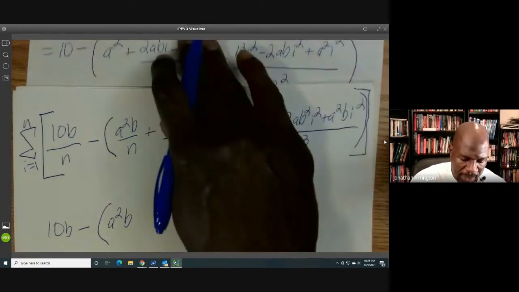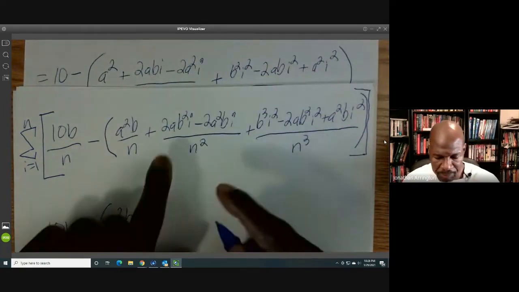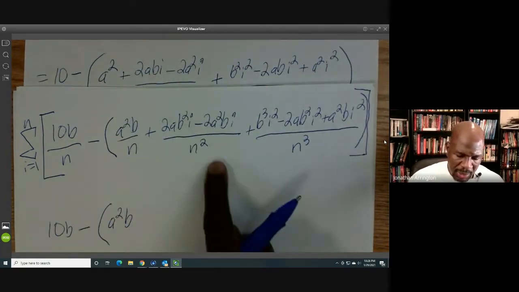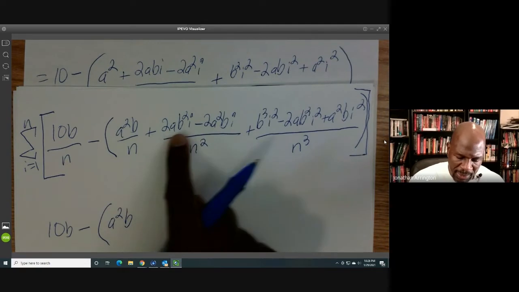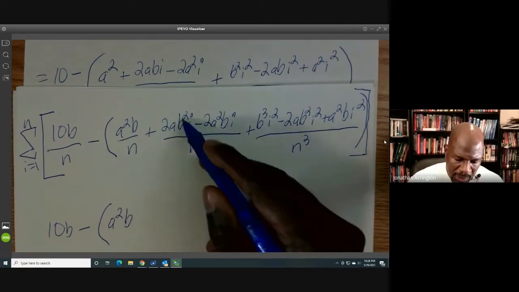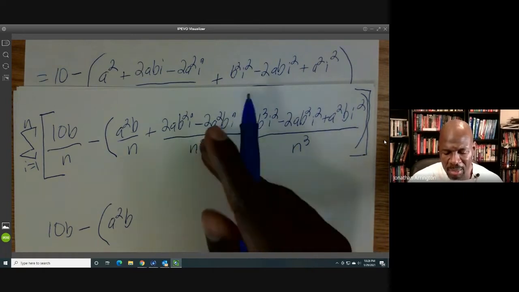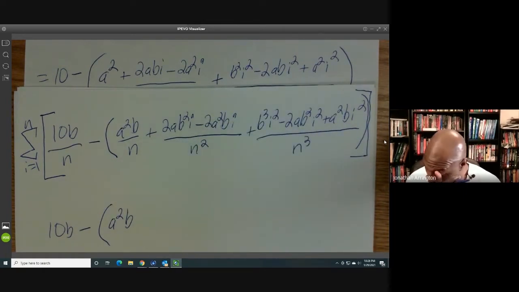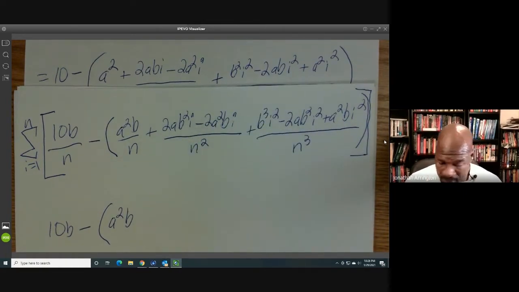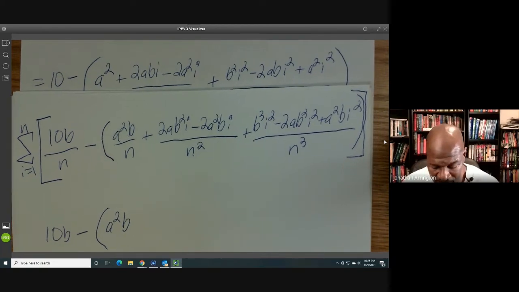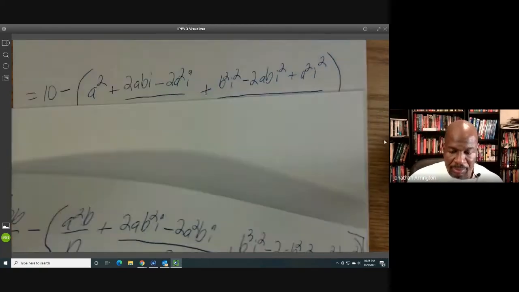All right, now we got this junk, and these guys have i's in them. So I'm going to look at these as two different fractions separately, on a separate sheet of paper, or this paper will get a little bit too messy if it's not already messy enough.